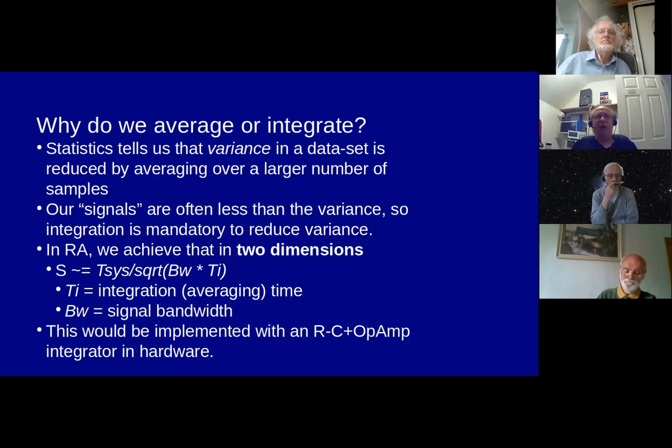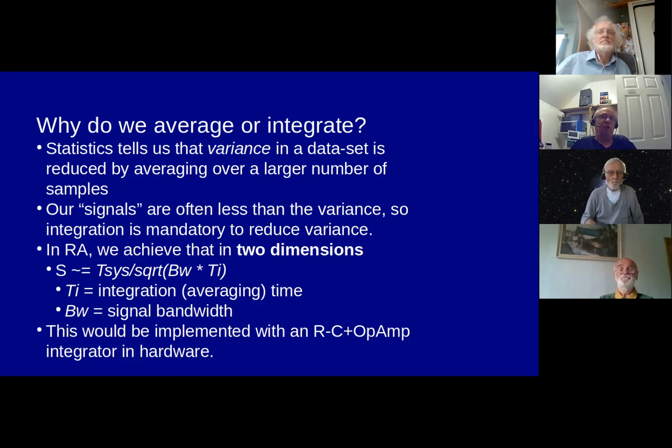Our signals, and I use that in quotes because they're not signals in the usual sense, are often quite a bit smaller than the variance of the data set. So if the data set has a variance of, let's say in dB terms, 5 dB, your signal itself may be a fraction of a dB.